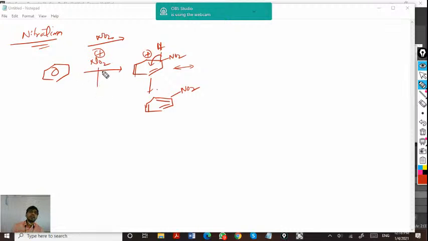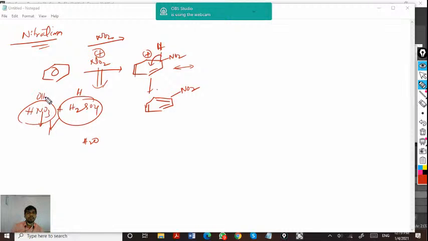So how to make the nitronium electrophile? It's very simple. You need to treat nitric acid along with sulfuric acid. In these two, there will be a base and there will be an acid, so that H2O will be released. From this OH will be released and from this H plus will be released, so it is going to leave OH minus.